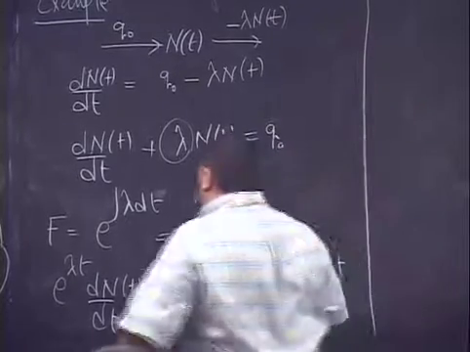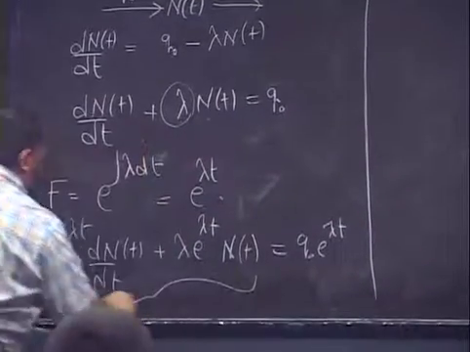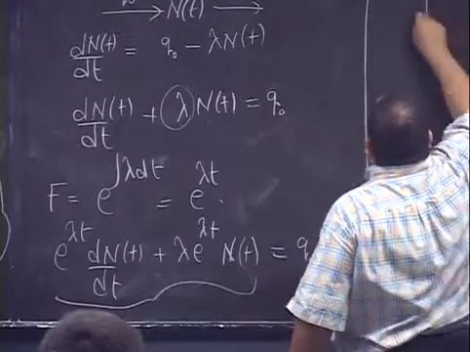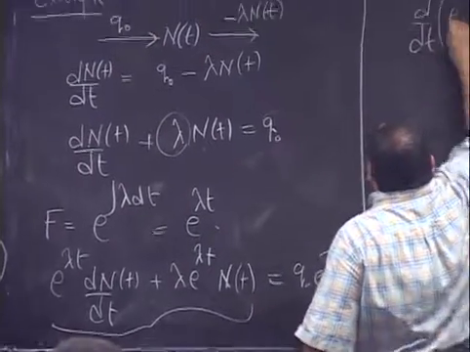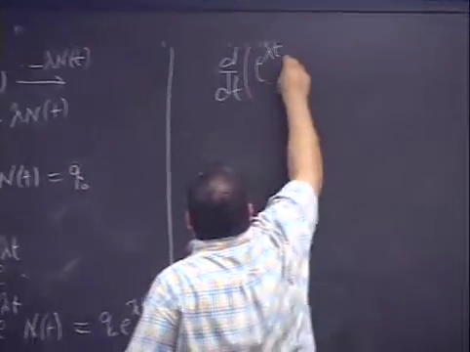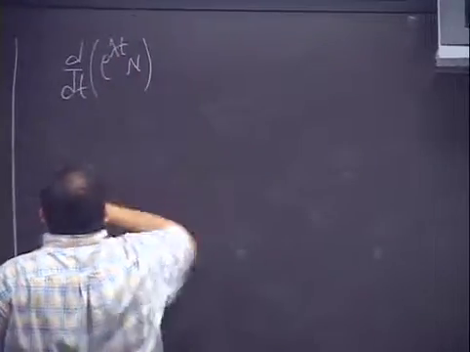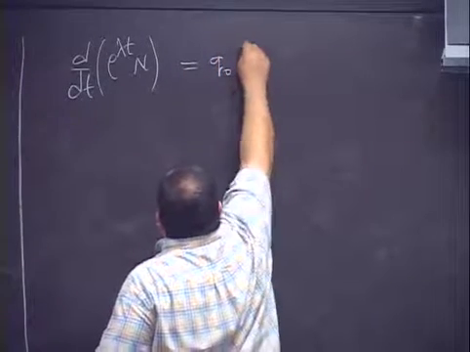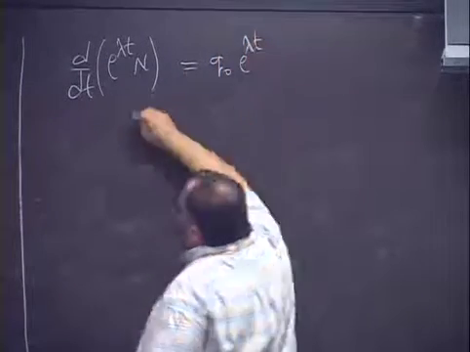look at those two terms. You can write those two terms as d by dt multiplied by e to the power of lambda t multiplied by N of t equal to Q naught e to the power of lambda t. Why?